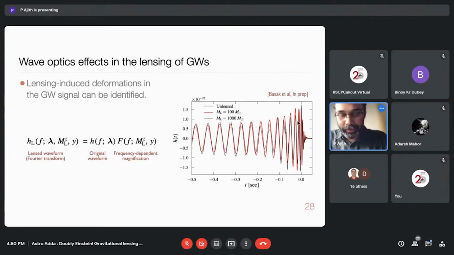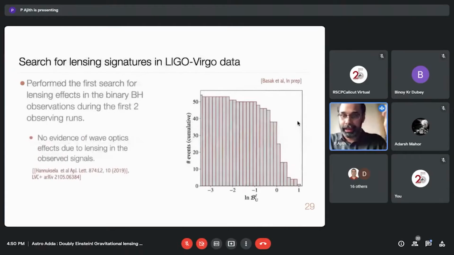So you can see that they are quite different, and one could actually look for such deformed gravitational wave signals. Again, such analyses have been done, and the summary is that we have not seen any evidence of wave optics effects in the observed gravitational signal. And I'll show after the next couple of slides that even this non-observation of lensing can be a very interesting probe of the nature of dark matter.